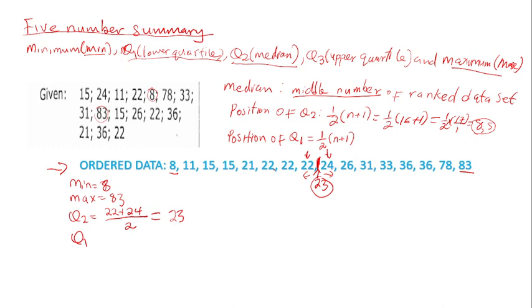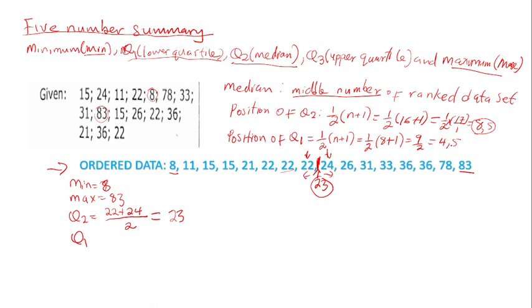Our median was here, so we need the median of this first half on the left-hand side. How many numbers are there? We count from 22 going back: 1, 2, 3, 4, 5, 6, 7, 8. So there are 8 numbers. So we say half of 8 plus 1, which is 9 over 2. This will give us 4.5.